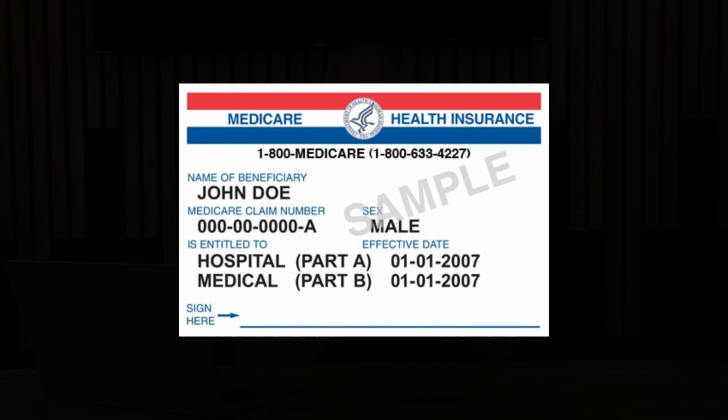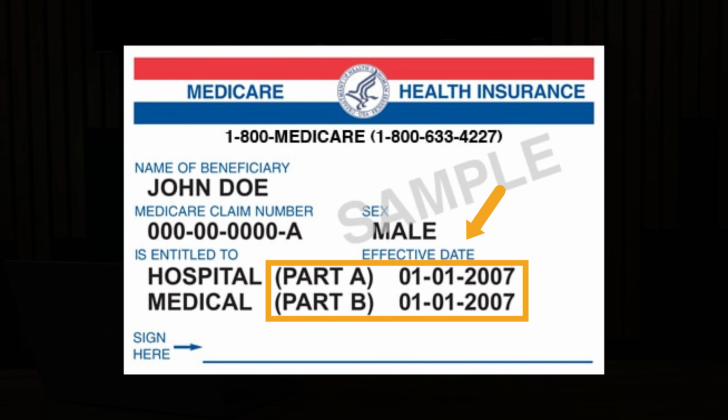Part A is hospitalization. Now, when you look at your red, white, and blue Medicare card, you're going to notice that people turning 65 that are going on to Medicare are going to have their Part A and Part B effective dates on the first day of their birth date month. Now, if you're still working and on an employer-based plan and you're not enrolling into Medicare right now, and you enroll in the future, you're going to have different effective dates as opposed to your birth date month when you turn 65.